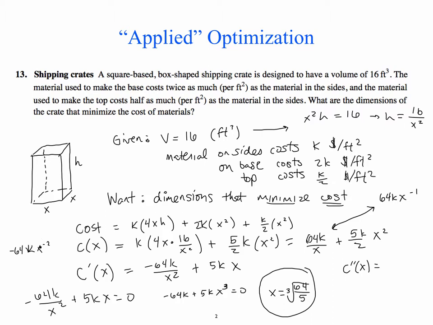The derivative of x to the negative 2 is negative 2 times x to the negative 3, right? If I multiply negative 64 times negative 2, I get positive 128k over x cubed. And then the derivative of 5k times x is 5k.